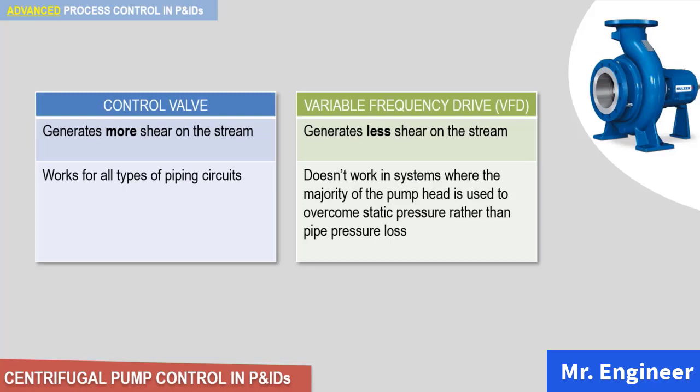On the other hand, a variable frequency drive generates less shear on the fluid, but it doesn't work in systems where the majority of the pump head is used to overcome static pressure rather than pipe pressure loss. So now, based on this table, you understand the reason behind a centrifugal pump control based on a control valve or a VFD once you come across it in your P&IDs.